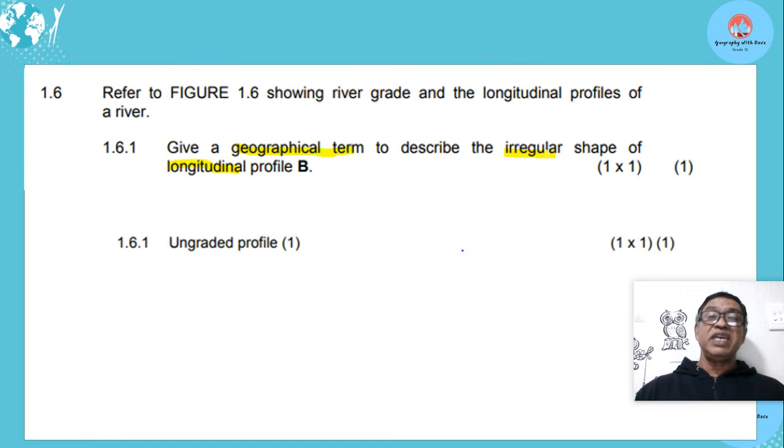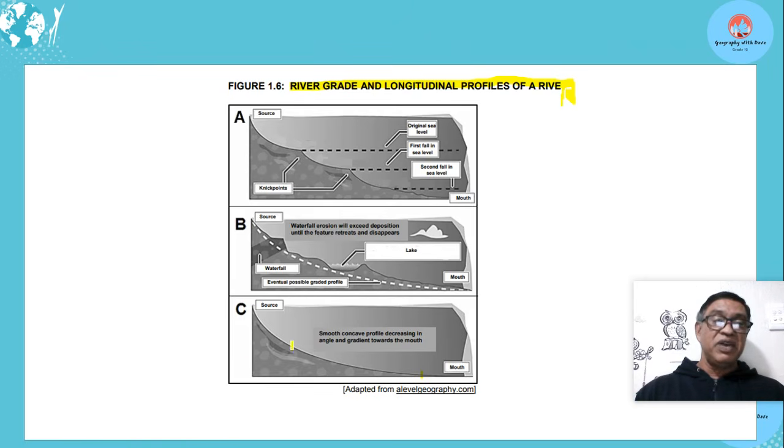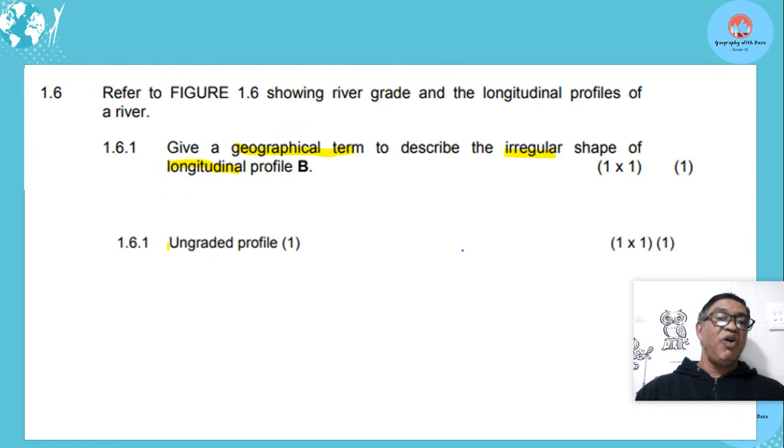Can you see the words again, learners? Irregular. Now, between the two, if I go back here, this is more regular, it's smooth. This is irregular shape. It's got obstructions. Okay, so my answer obviously will be the ungraded profile.